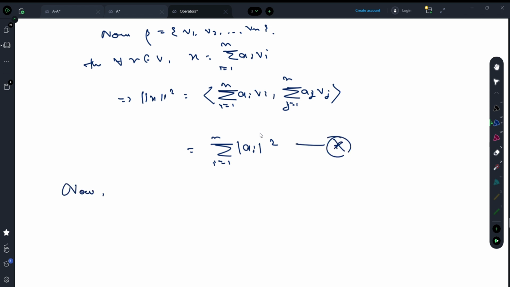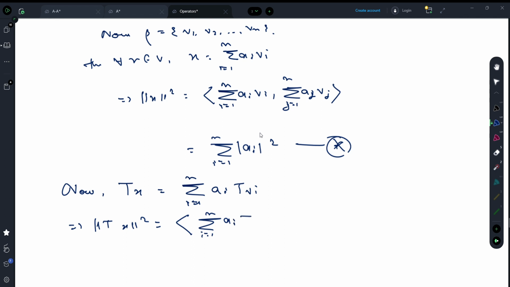Now consider T of x for all x in V. This will be of the form summation i equals 1 to n ai T of vi. Then the norm of Tx squared is the inner product of summation ai Tvi with summation aj Tvj.